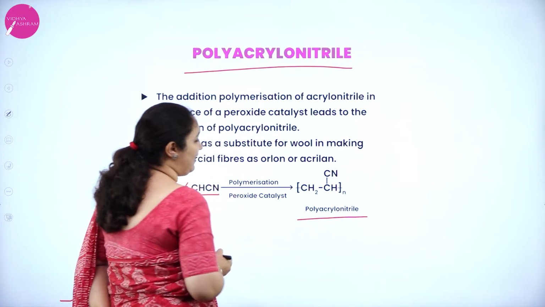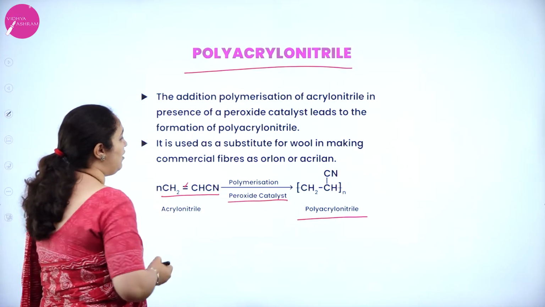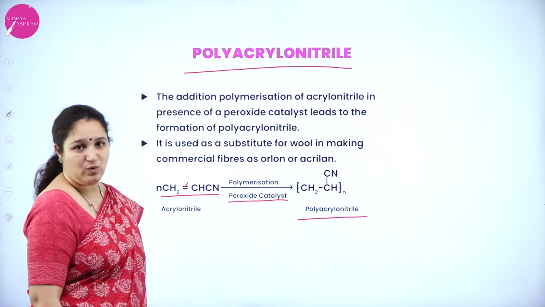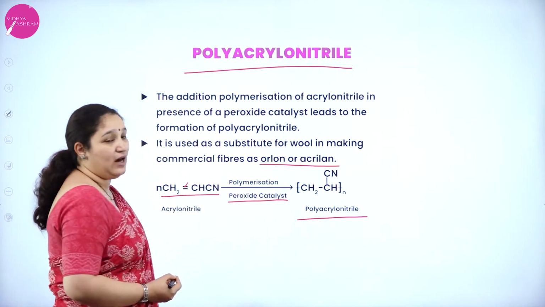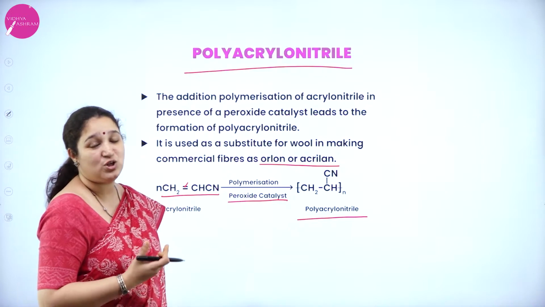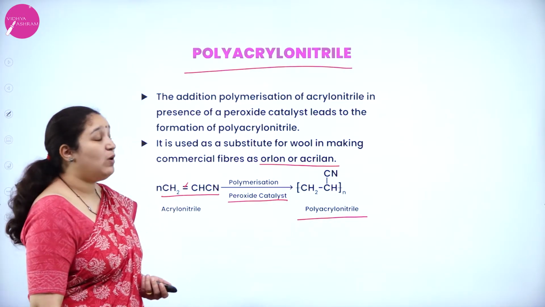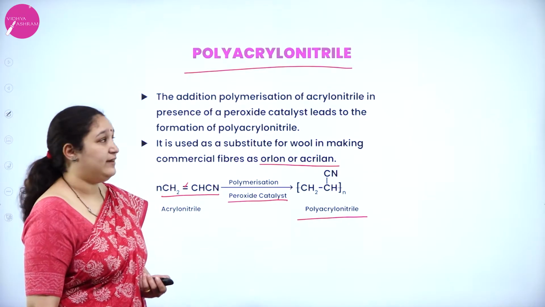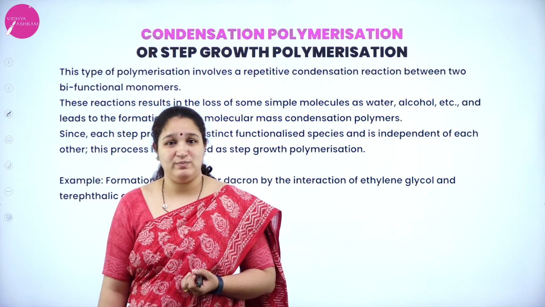So it's polyacrylonitrile. For this we require a peroxide catalyst. The other name is Orlon or acrylan. It is the artificial wool which we are using in clothing. So that's about polyacrylonitrile.